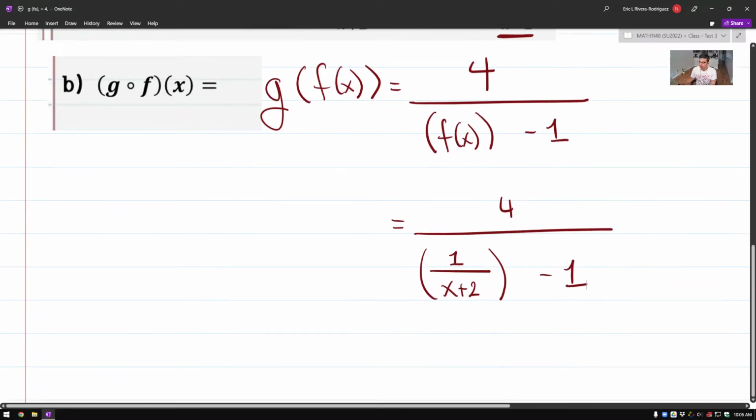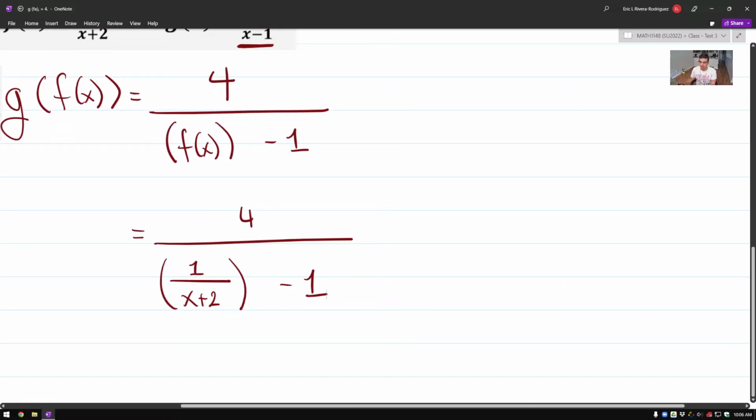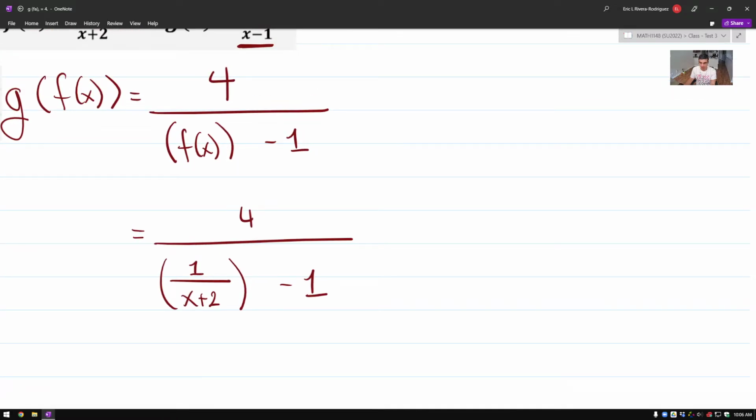Okay, in this step we have found our first sub-problem. Sub-problem number 1: we need to focus on 1 over x plus 2 minus 1.